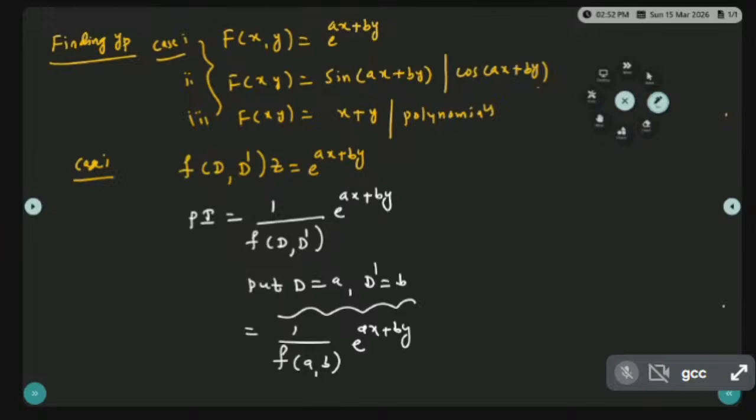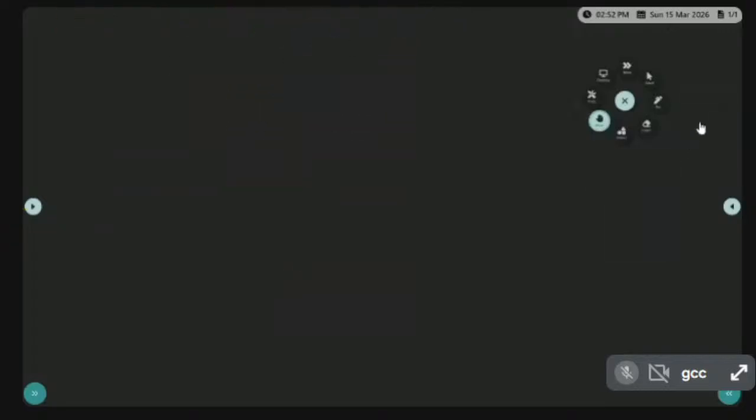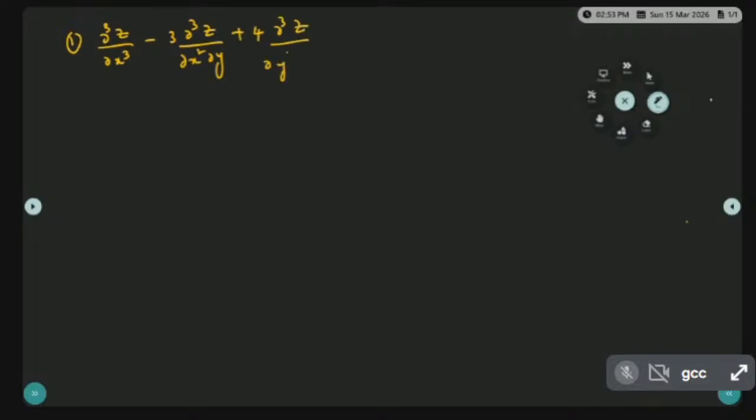Have you finished? Solve dou cube z by dou x cube minus 3 dou cube z by dou x square dou y plus 4 dou cube z by dou y cube equal to e power x plus 2y.